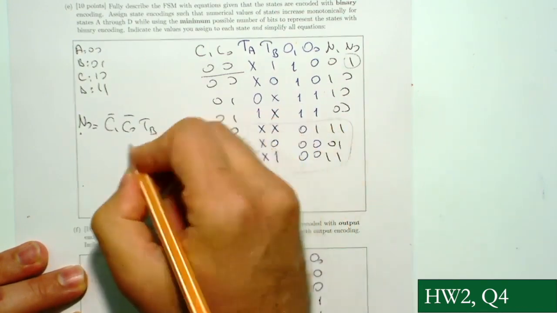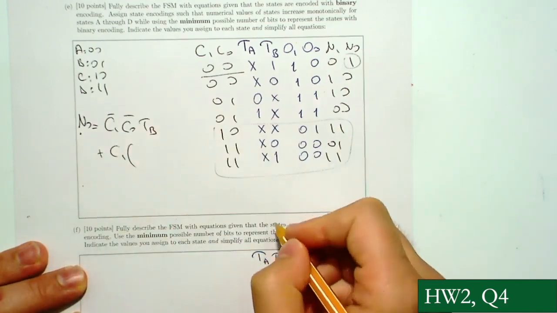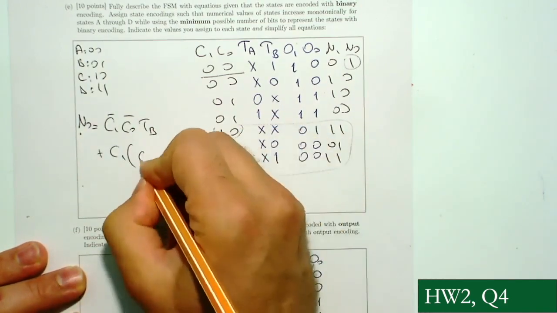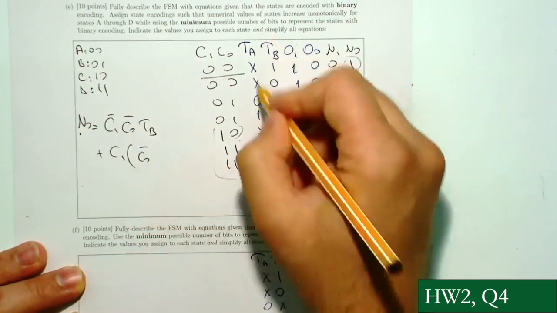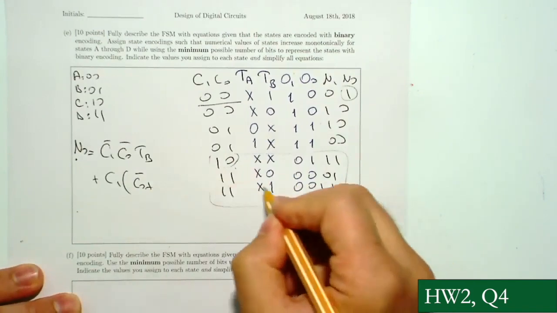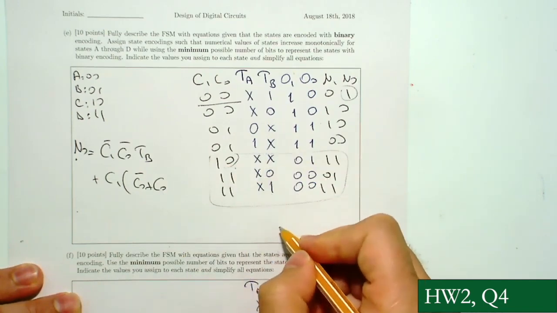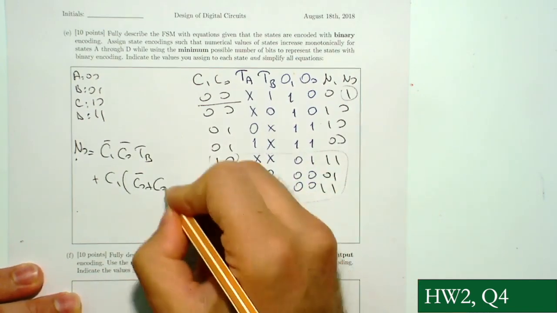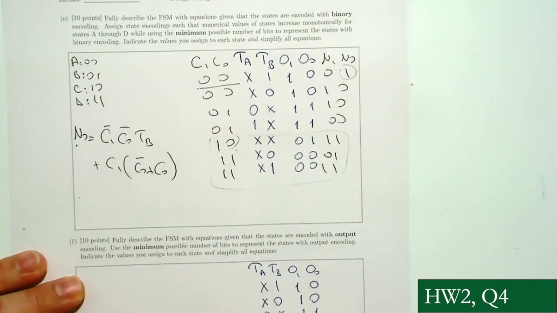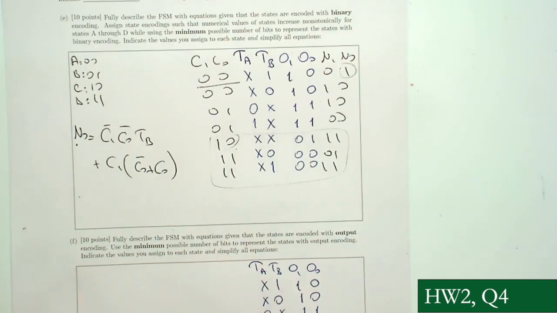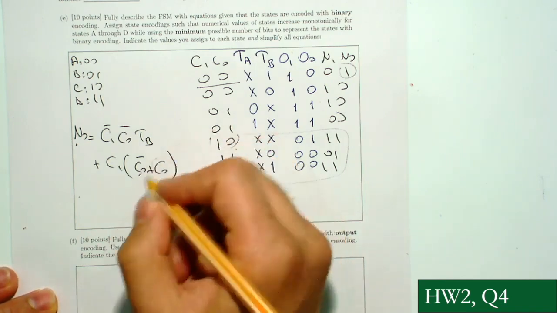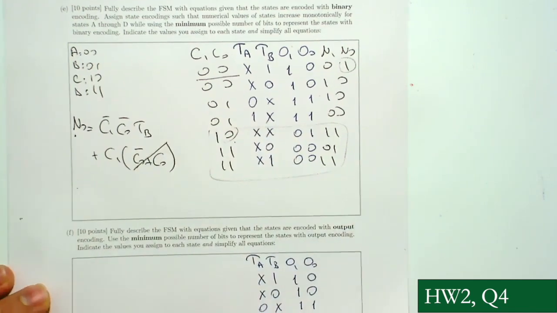Notice that I always have C1 as 1, and when C0 is 0, it doesn't depend on the TA or TB, or when C0 is 1, it also doesn't depend on either TA or TB. Okay, I guess that's the answer for that one. Let me check. Yeah, then we can also simplify that, right? So this is always 1.